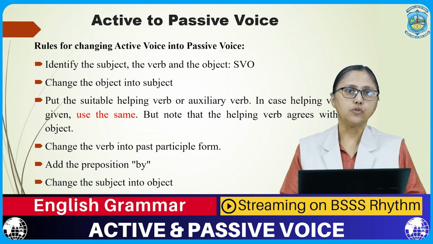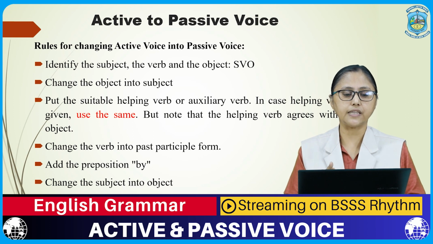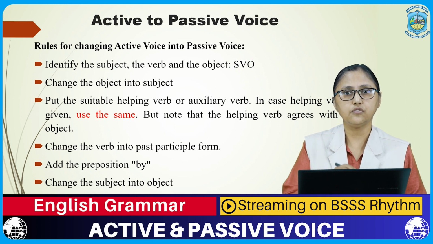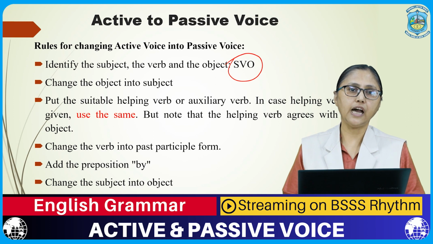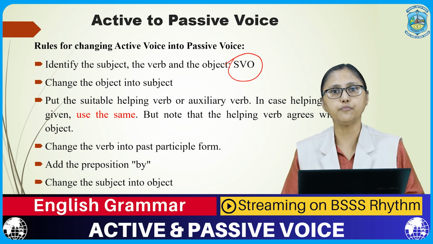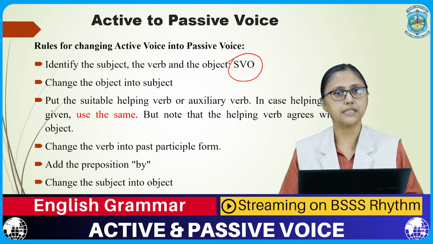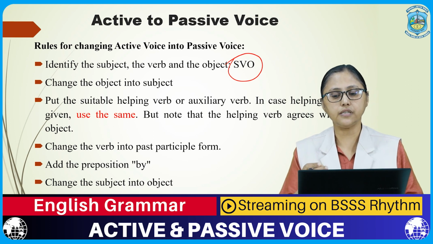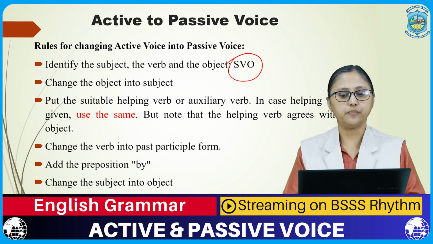Now, the rules for changing the voice from active to passive. First thing you have to do is to identify the object, subject and the verb. So, we have to identify the subject, verb and object in a sentence. Then we have to change the object into subject because in passive voice we will use the object of active voice as the subject. Then we have to select the suitable helping or auxiliary verb and we should use the same helping verb.